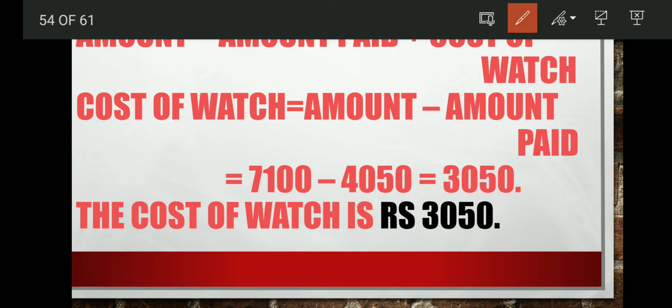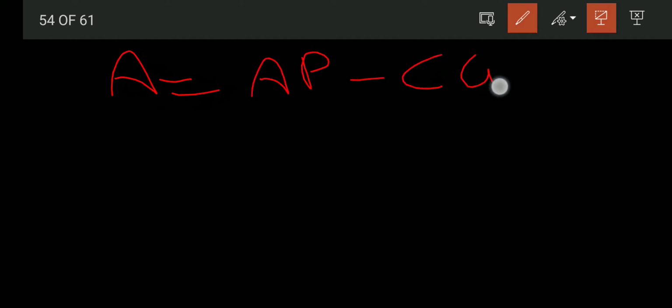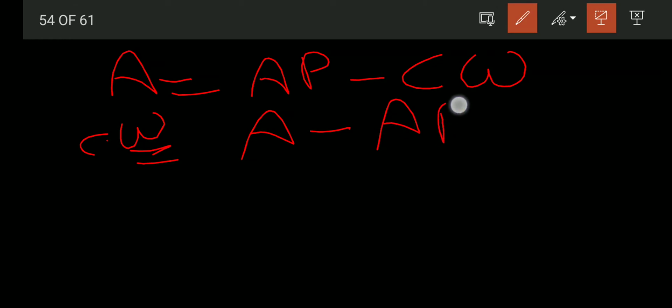Let me show you the calculation. See, the total amount which we found equals amount paid plus cost of the watch. So cost of the watch equals amount minus amount paid.